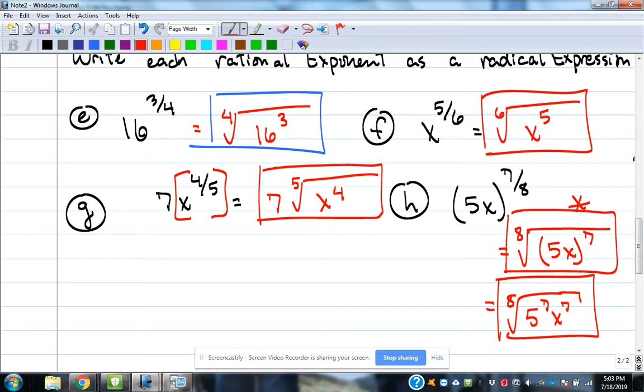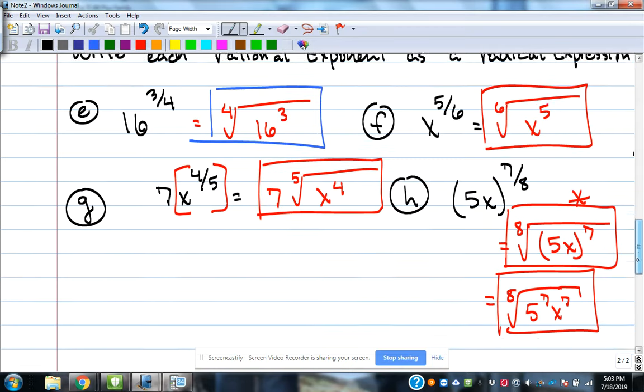All right. Let's go the other direction. Let's take from a radical and then convert it into a rational exponent and see if we can go that direction on this.